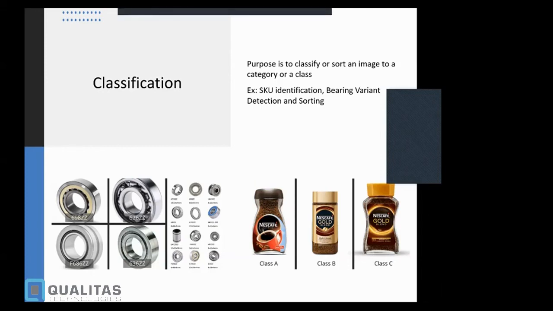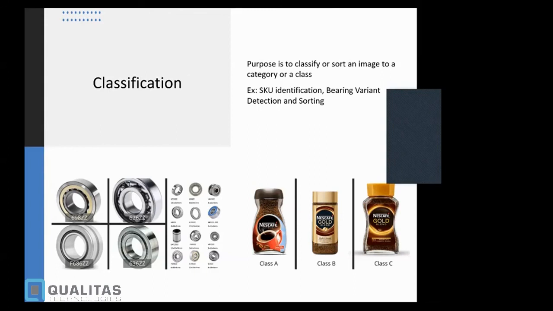So here you have different brands of Nescafe. You have Nescafe Classic, Nescafe Gold, and then Nescafe Gold Blend, a bigger bottle. Now, by just taking an image, you want to categorize Nescafe Classic as Class A, Nescafe Gold Blend, the smaller one, as Class B, and the third one as Class C, right?